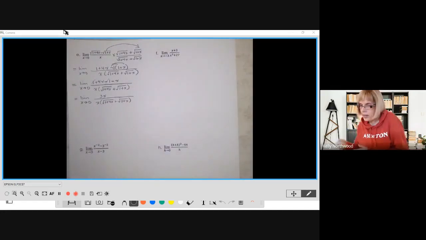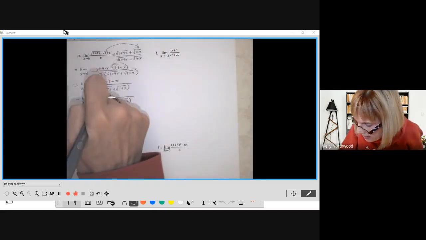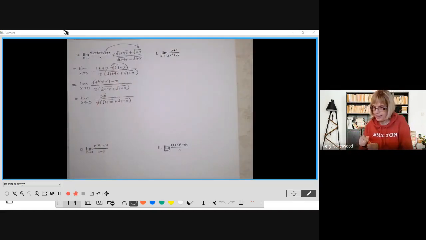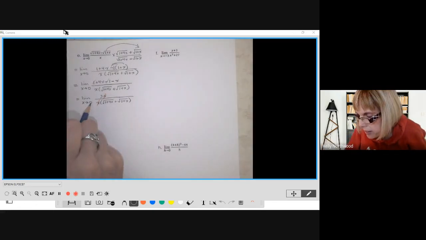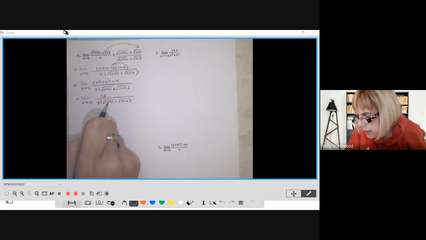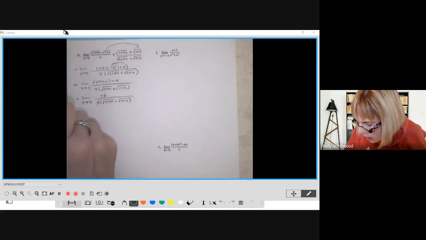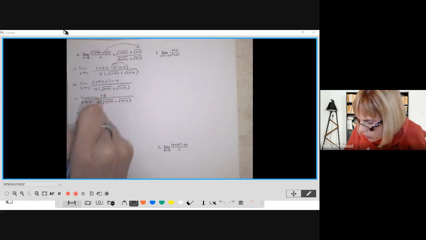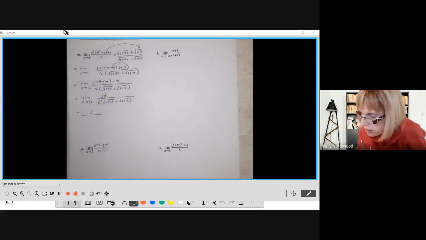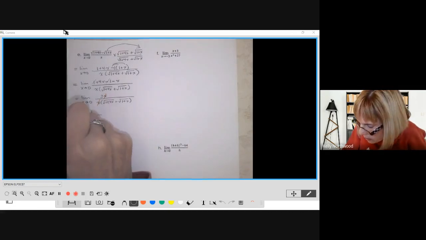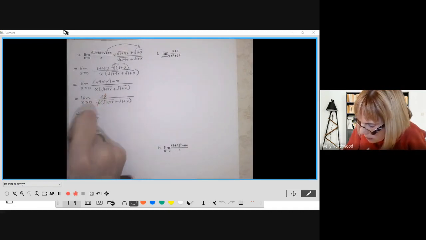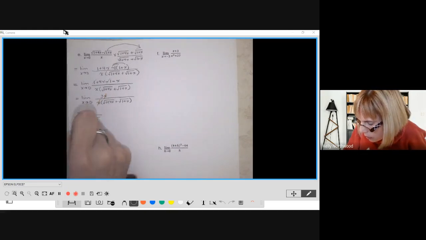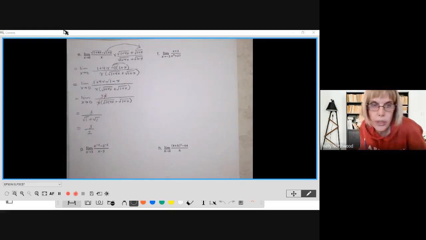And now I can divide out those x's. So it should be safe now for me to let x approach 0, because the denominator now is going to approach the root of 1 plus the root of 1, which is fine. So if I let x approach 0, the numerator is going to stay 3. The denominator is going to be the root of 1 plus the root of 1. Those are both 1, so 3 over 2.